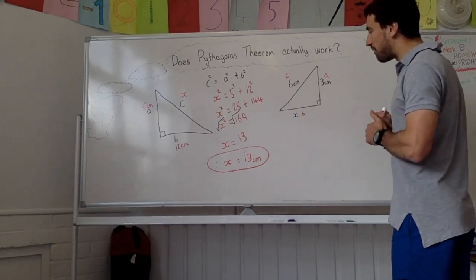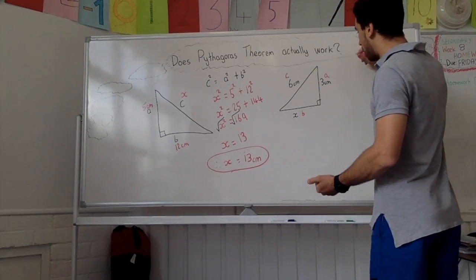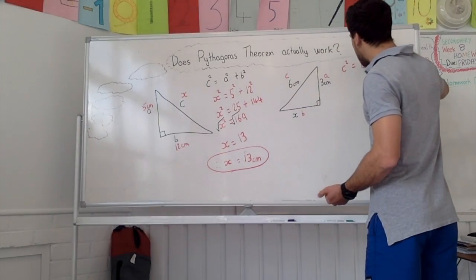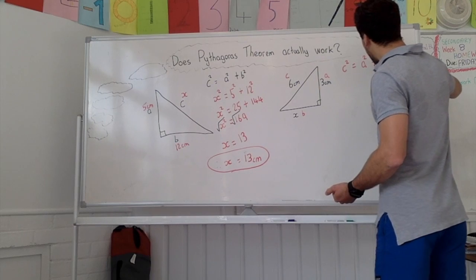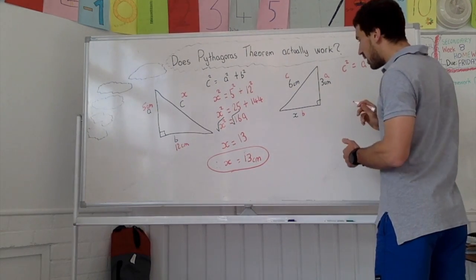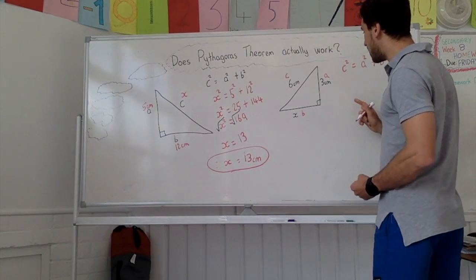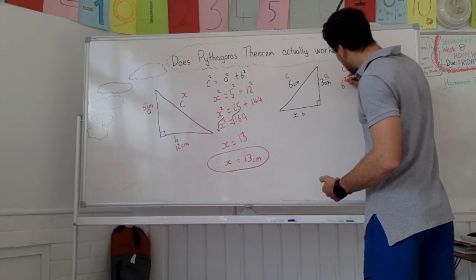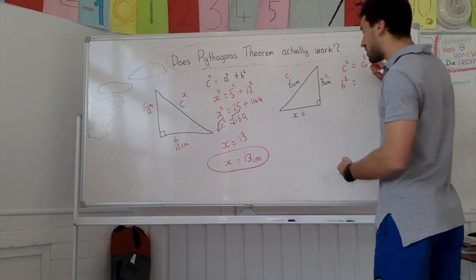So we're going to write out our first step of our formula, being C squared equals A squared plus B squared. Now we can substitute our values in. So C squared, 6 squared equals, what's A squared?